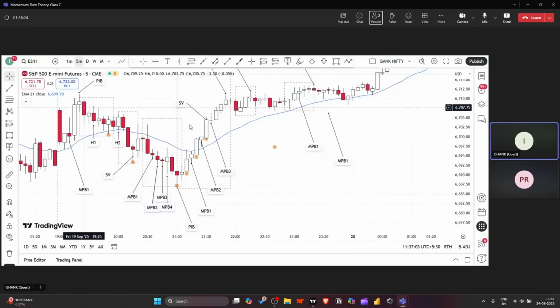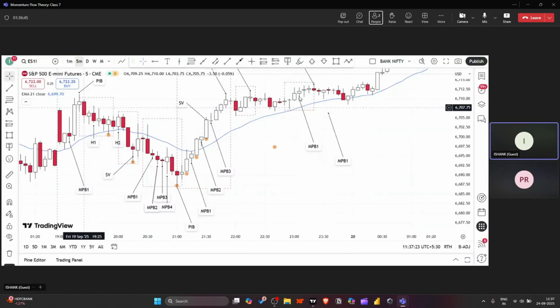Now, once I brought in the pause concept and the micro pullback concept, since these two bull bars I'm calling a breakout bar, the next pause I'll call MPB1. Suppose we got one more breakout bar and then a pause bar, that will be the MPB.